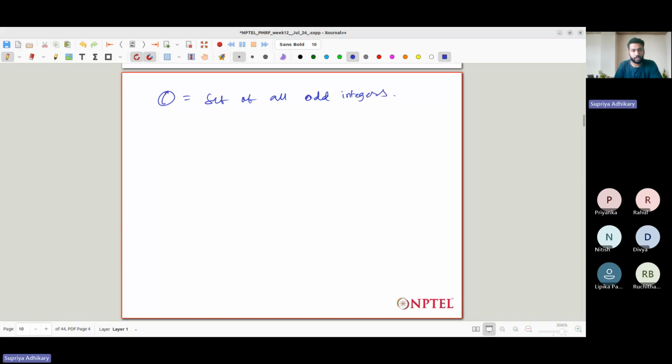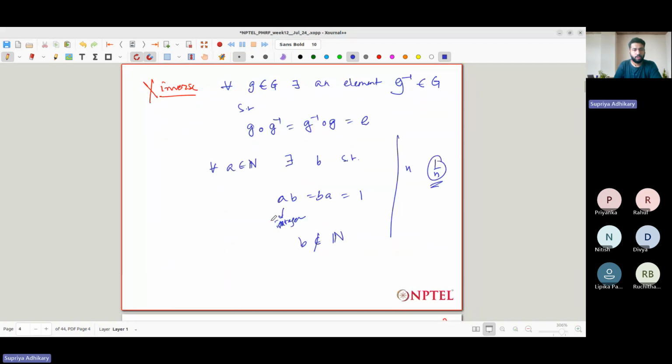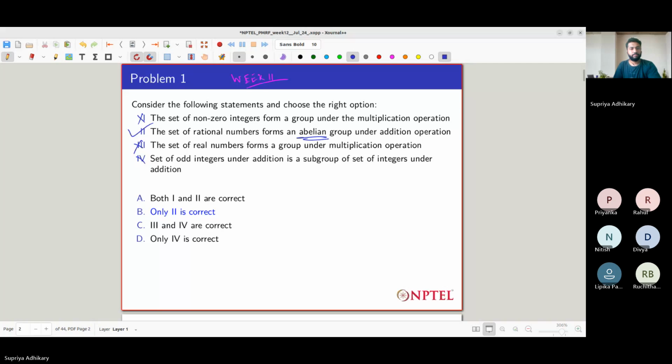If this has to be a subgroup of Z, then all the properties of a group should be satisfied in O. If we consider any two elements A and B in O, that means both A and B are odd integers. Now if we add these two integers, the sum is an even integer. So definitely A plus B does not belong to O. So O is not closed, and therefore this is not a group. So only 2 is correct.